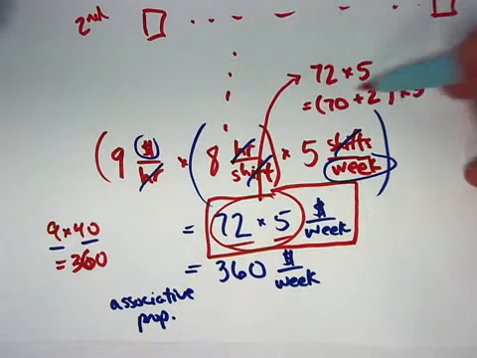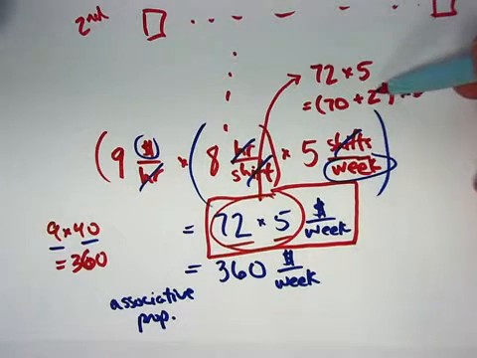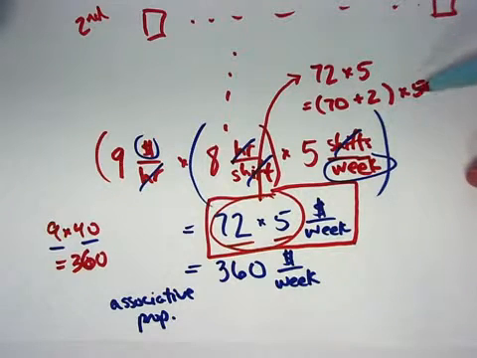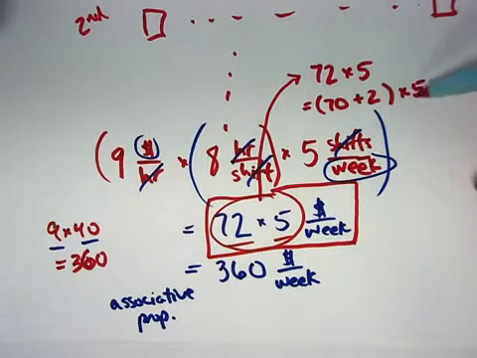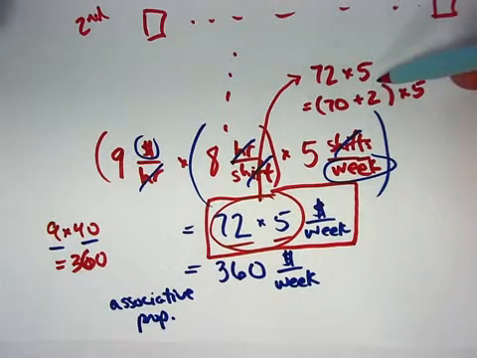I do need the parentheses here to emphasize that I want the addition done first before the multiplication, because if I don't have the parentheses there, then I just write 70 plus 2 times 5, and the precedence, the order of operations, is that you would do the multiplication first. But because of the parentheses, that emphasizes that I do the addition first in this case.